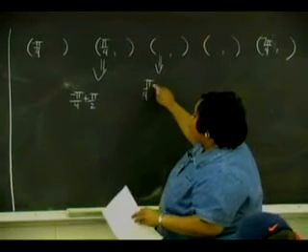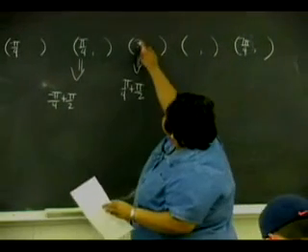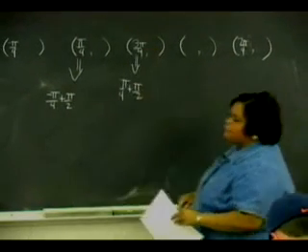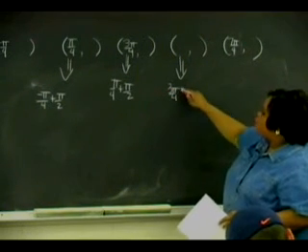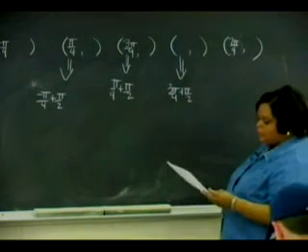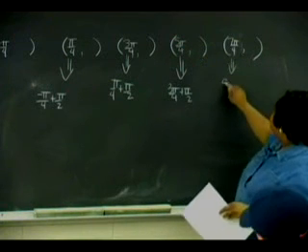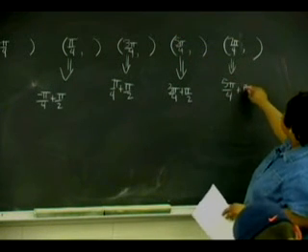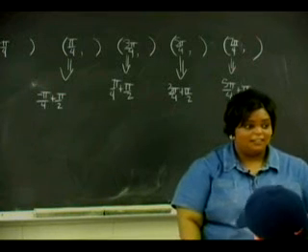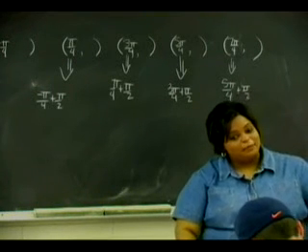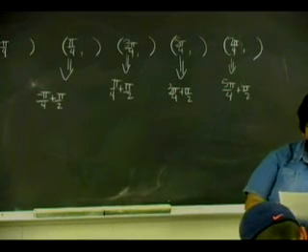Pi over 4 plus pi over 2. And when I do all that, 3 pi over 4. And to get this one, 3 pi over 4 plus pi over 2, and I get 5 pi over 4. And from here, 5 pi over 4 plus pi over 2 should give me that point. So you do have a way of checking yourself, okay? If you get your endpoints right.